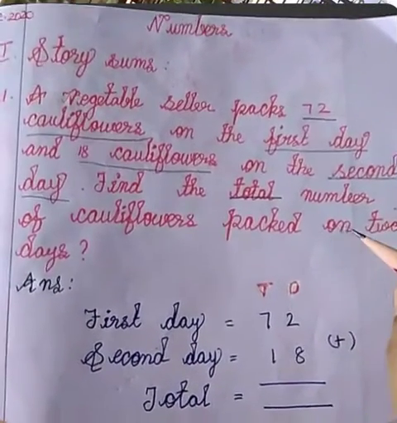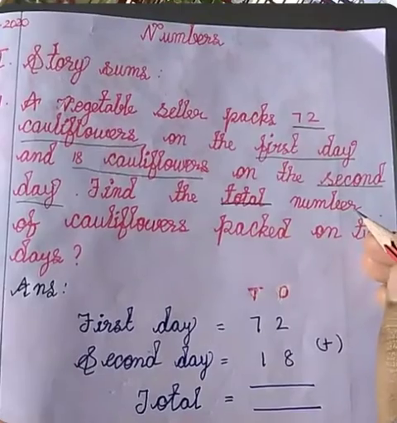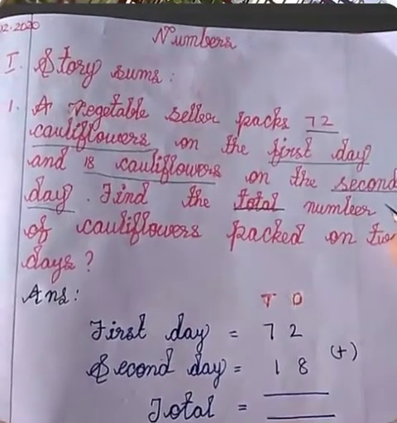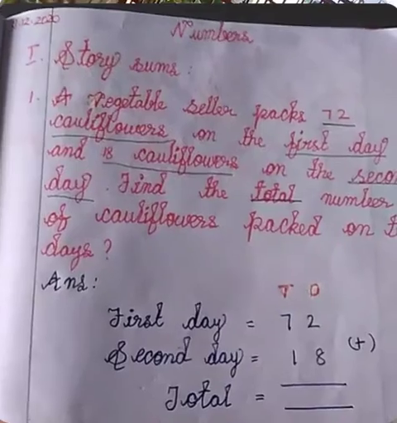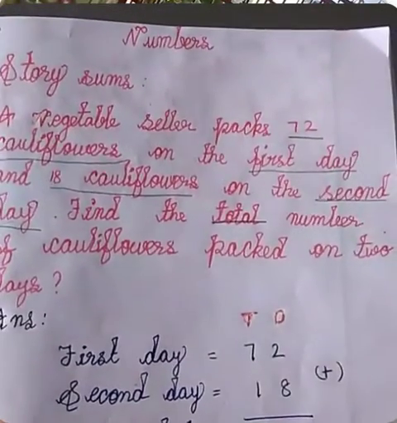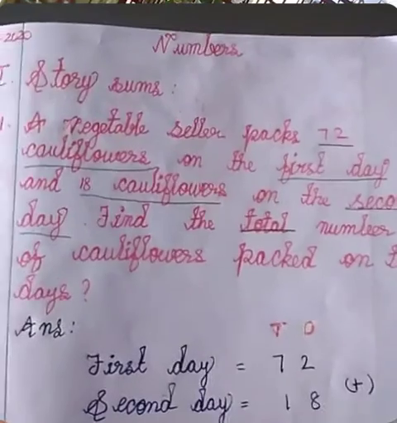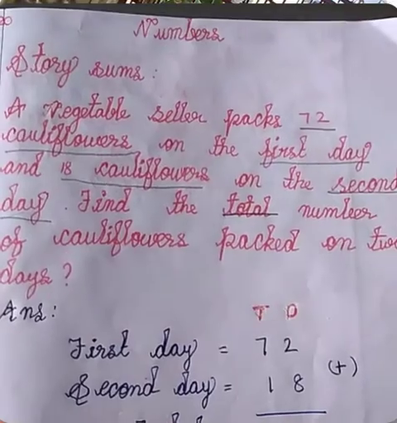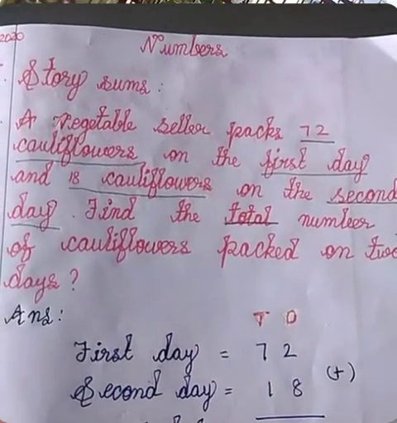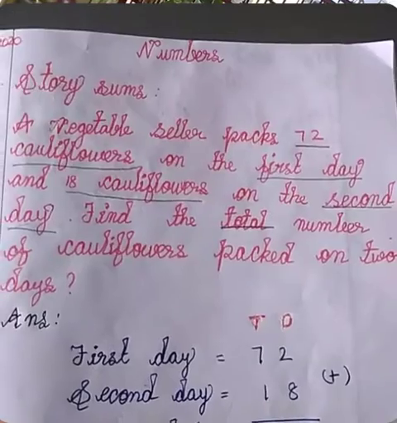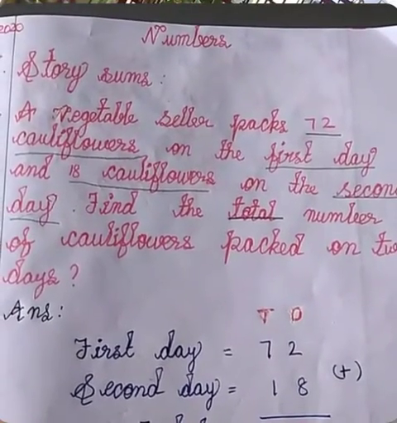First listen to the question carefully and understand the meaning. There is a vegetable seller. In his shop he has cauliflowers and he packed 72 cauliflowers on the first day. On the second day he packed 18 cauliflowers.